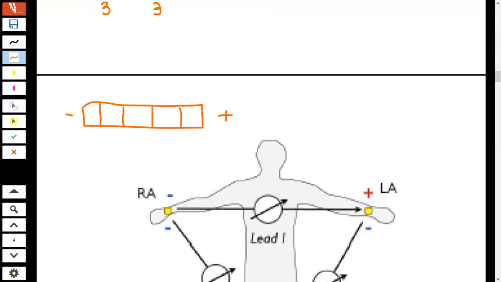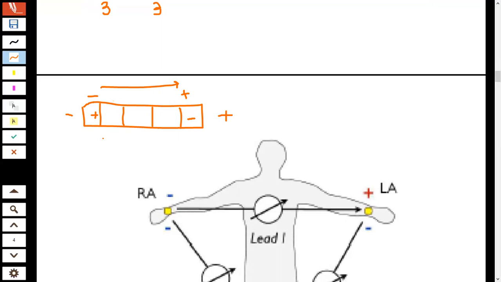If the depolarization wave is in this direction, what will we get? The outside of the cell will become positive and the inside of the cell will become negative in the direction of depolarization. But in the opposite direction, it will be negative outside and positive inside. So that's the normal thing when the depolarization wave occurs.